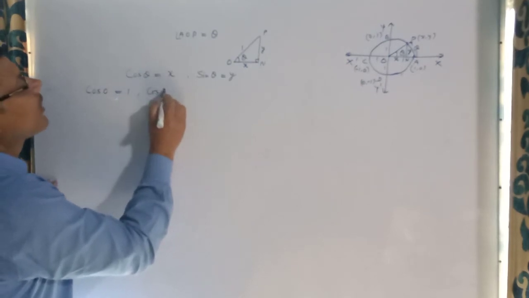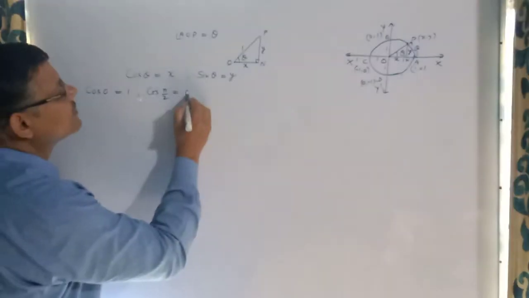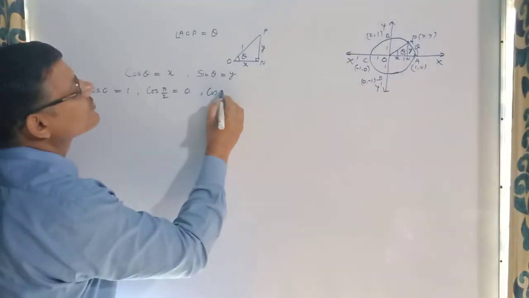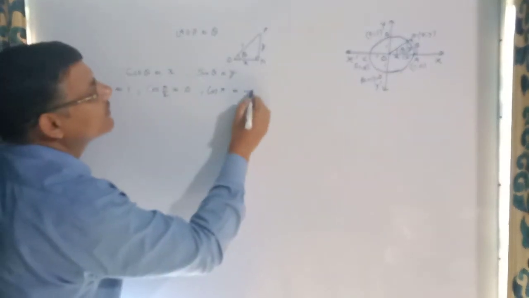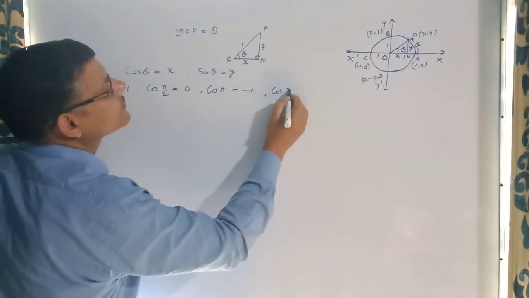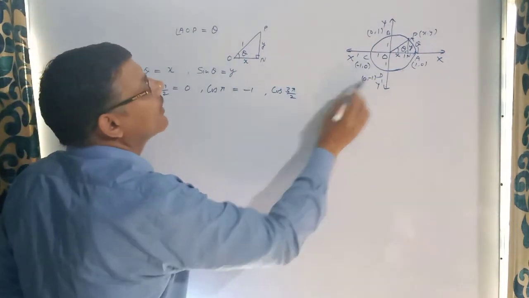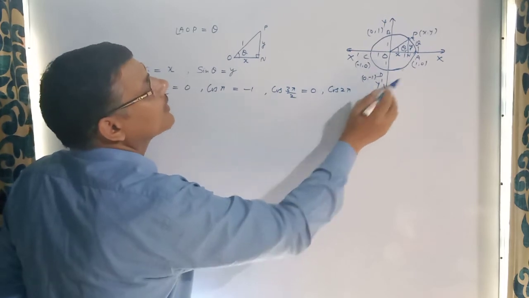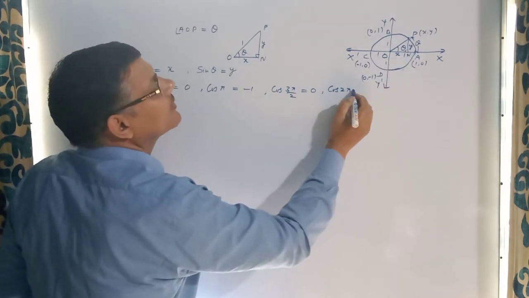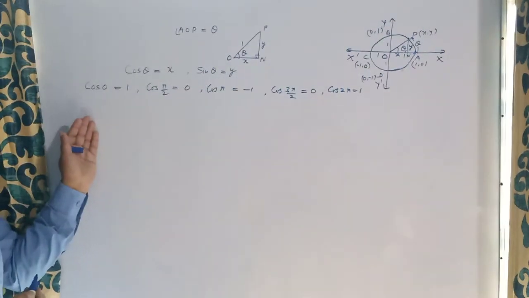What about cos of pi by 2 at position B? It is 0. Cos pi at position C, the abscissa is minus 1. Then cos of 3 pi by 2 at position D is again 0, and cos of 2 pi, we return to A, and it is 1. These are the values of cos.